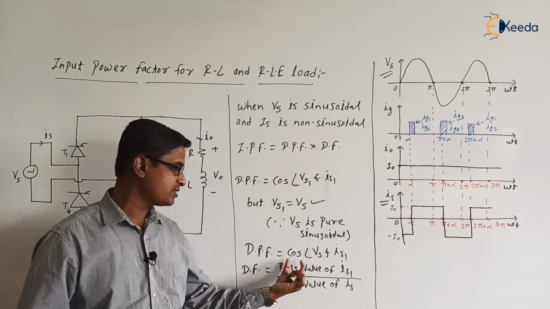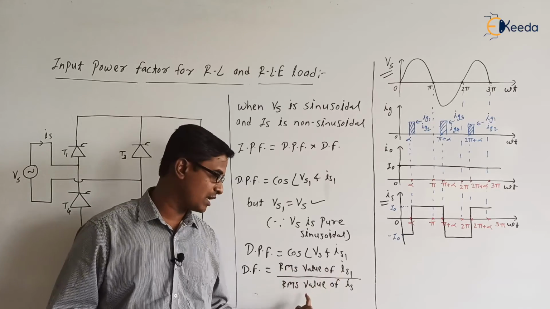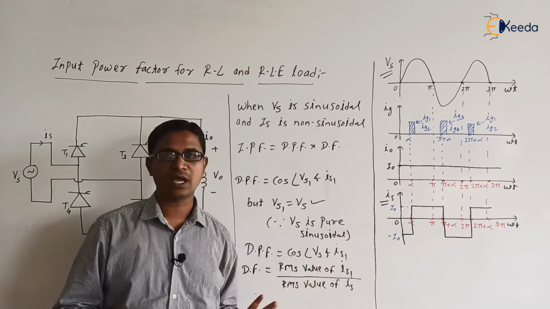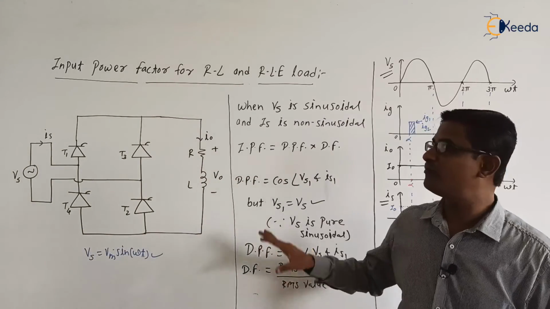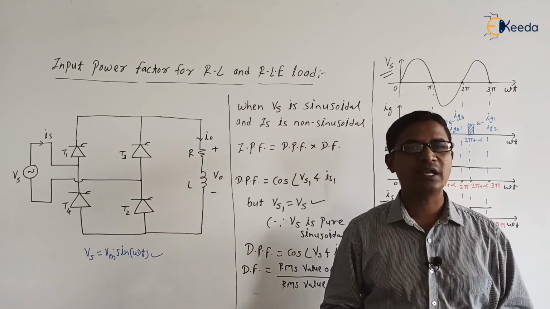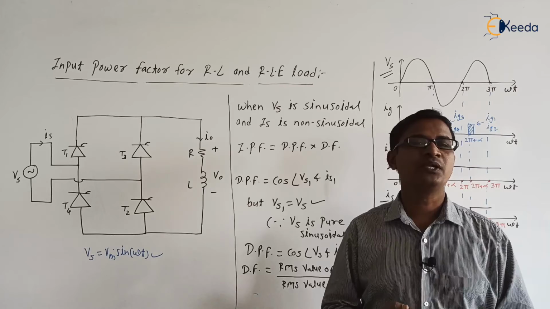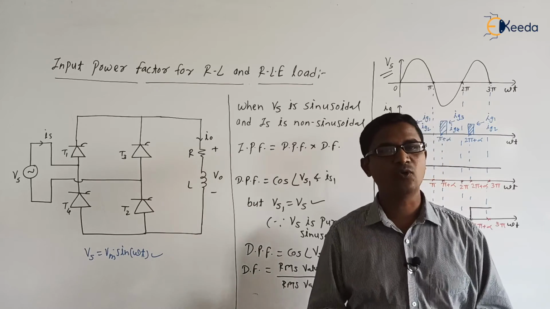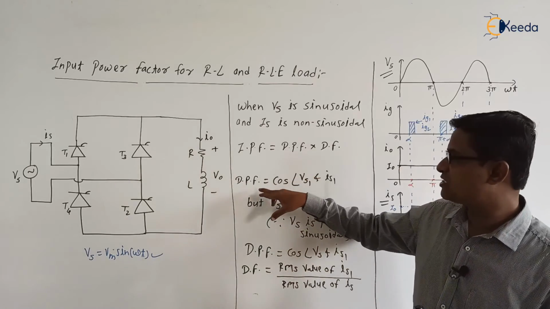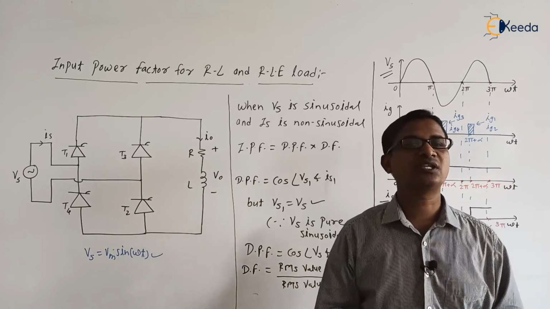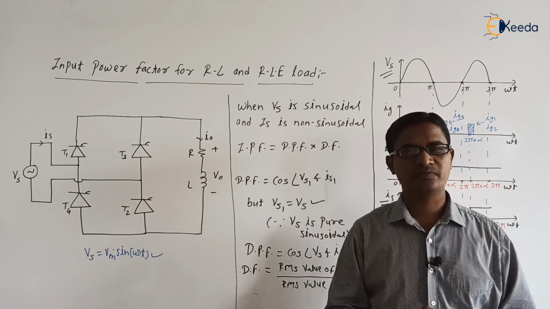Distortion factor is the ratio of the RMS value of the fundamental source current to the RMS value of the source current Is. So this is the expression of input power factor for RL and RLE load. In the next video we are going to discuss how to find the Fourier series, the displacement power factor and the distortion factor for the RL and RLE load. Thank you.